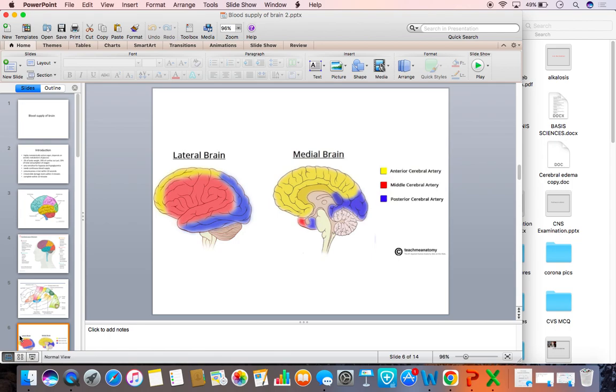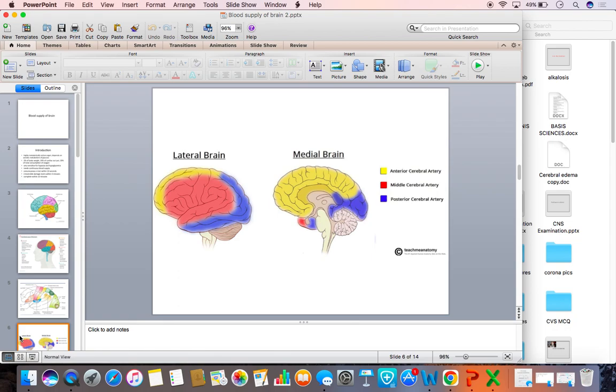Lateral brain, this picture shows the area demarcated by the red color, which is the middle cerebral artery territory. That part of the brain showing red color is supplied by middle cerebral artery, a branch of internal carotid artery.